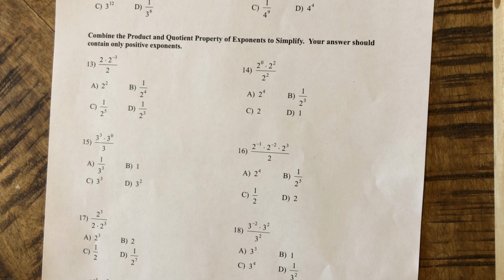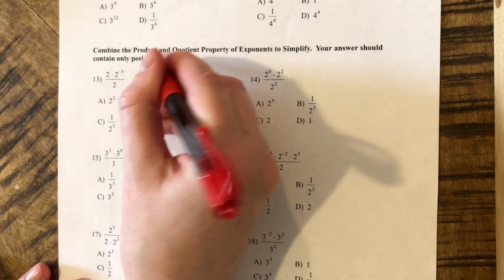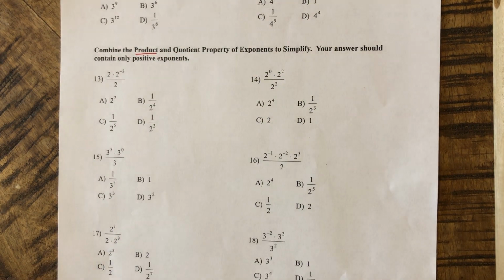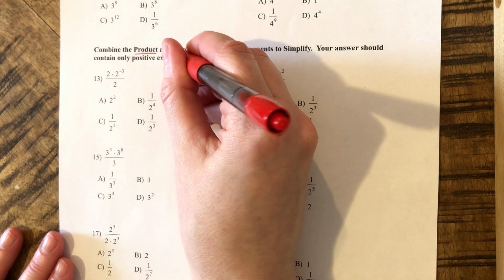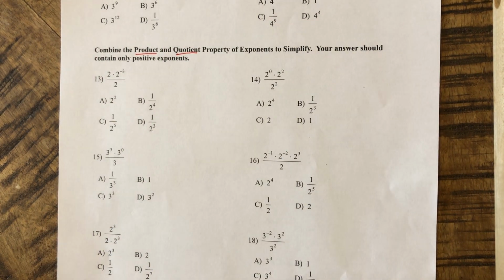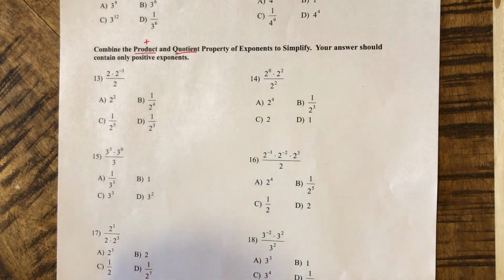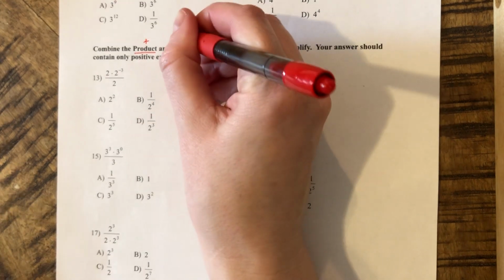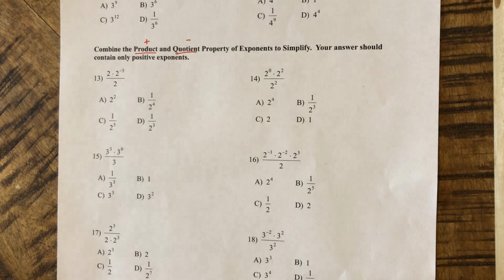On the last page, starting with number 13, you can see that our directions are asking us to combine both the product property and the quotient property. Our product property is where we add our exponents together because we're multiplying like bases. And our quotient property is where we subtract our exponents because we are dividing our like bases.